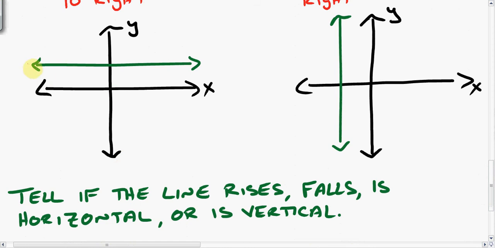From left to right, this line looks like it's neither rising nor falling. It looks pretty flat, and this is what we call a horizontal line. So a horizontal line occurs when we have a zero slope. Zero slope forms a horizontal line.